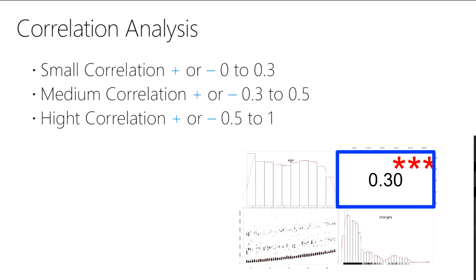The correlation number is between 0 and 1. If I get a value between 0 and 30%, that means there is not that much correlation. If I get a number between 30% to 50%, that means a medium correlation exists.